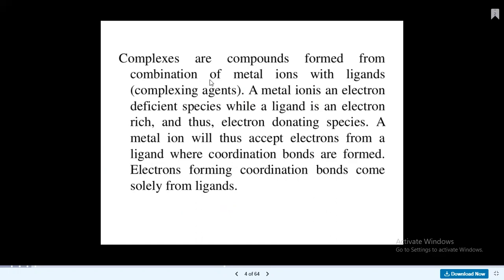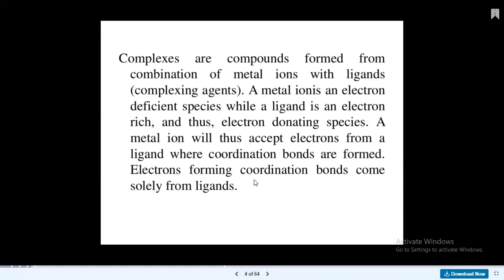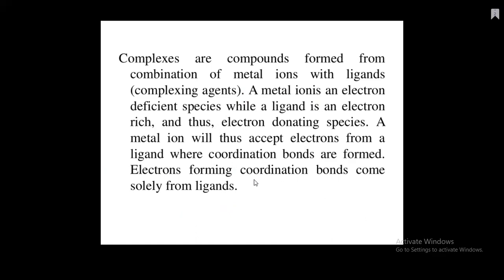Basically, this whole theory is based on Lewis acid-base theory. According to Lewis, acids and bases depend upon electron pair donors and acceptors. Electron pair donors are the bases and electron pair acceptors are the acids.